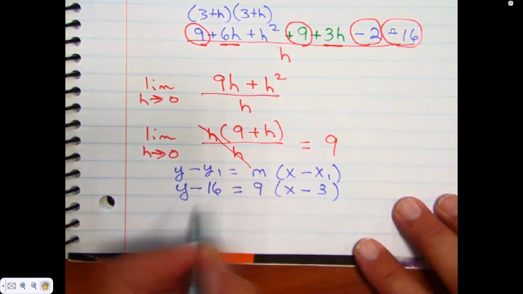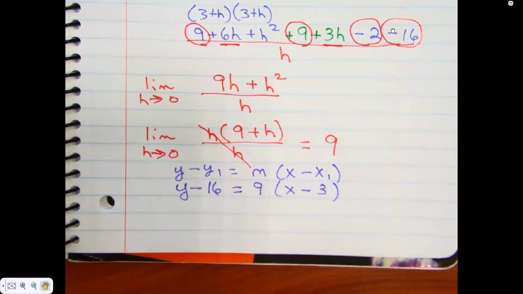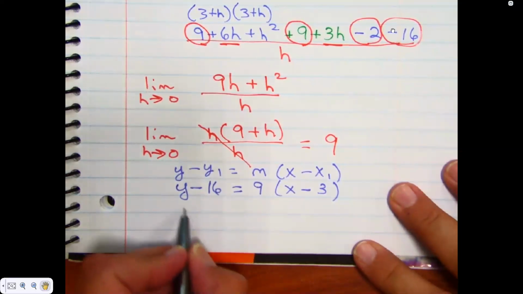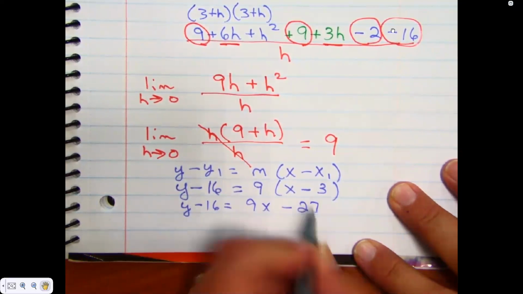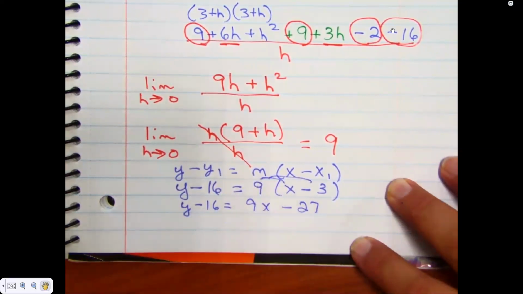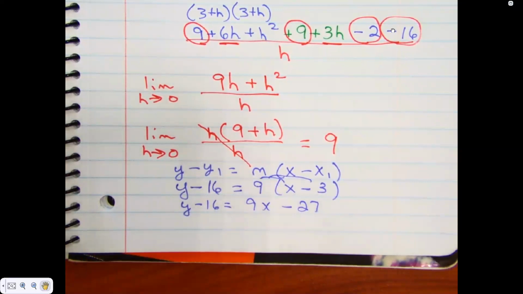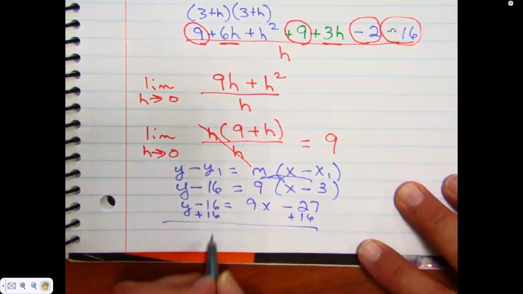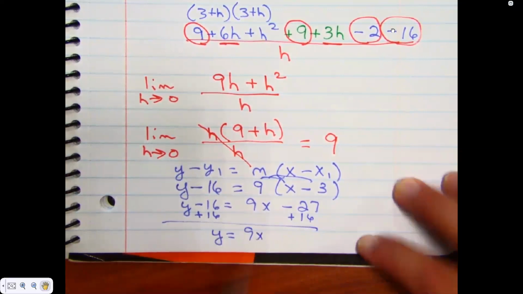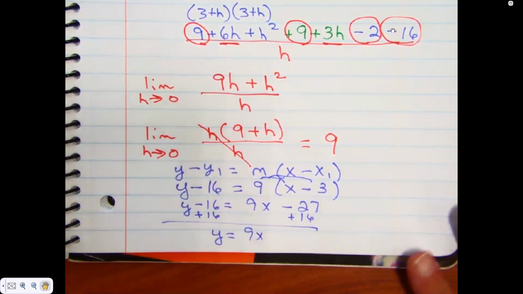Distribute the 9. That answer is fine, but if you want to graph it, or I think WebAssign makes us solve for y. So y minus 16 equals 9x minus 27. Distribute that 9 and then add 16. Y equals 9x minus 11.